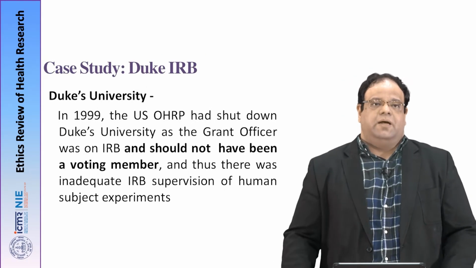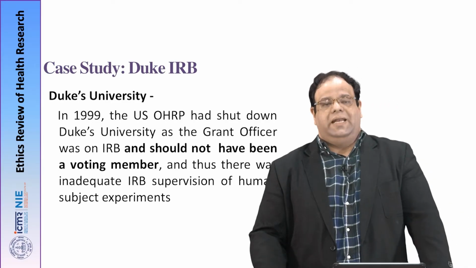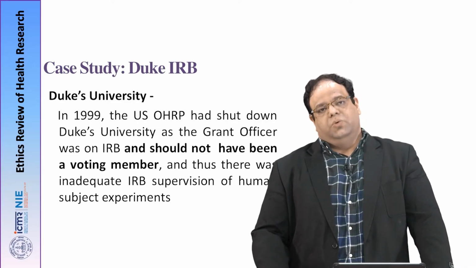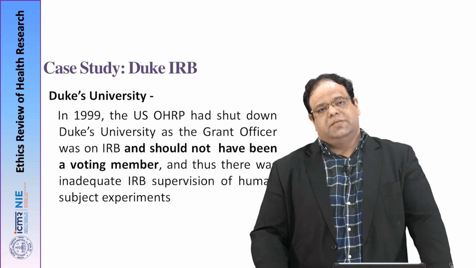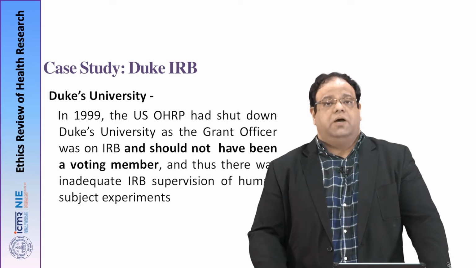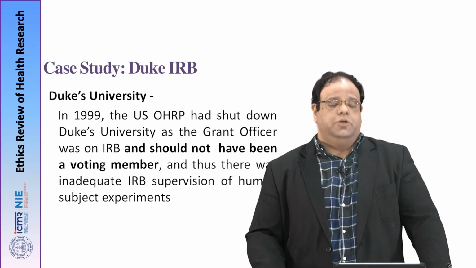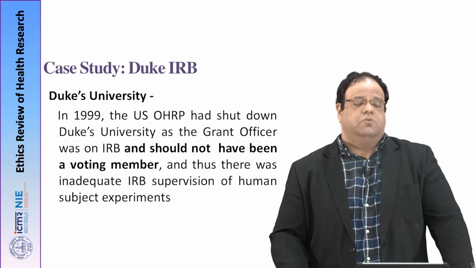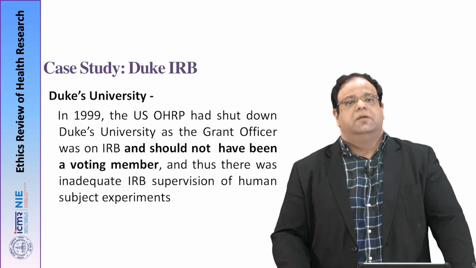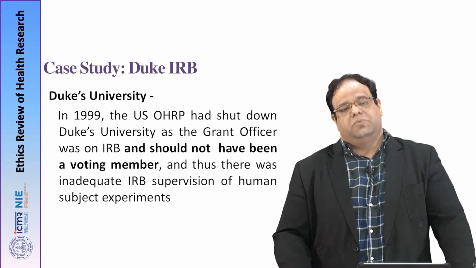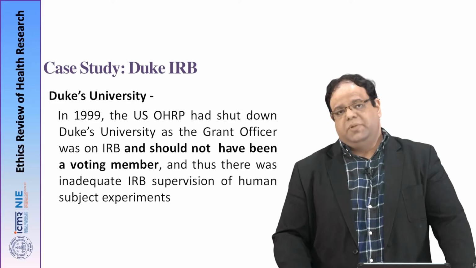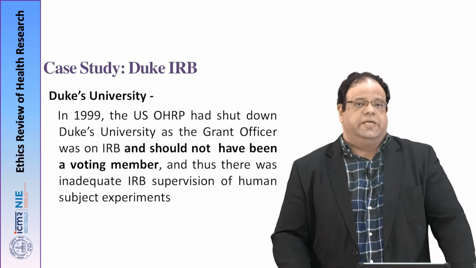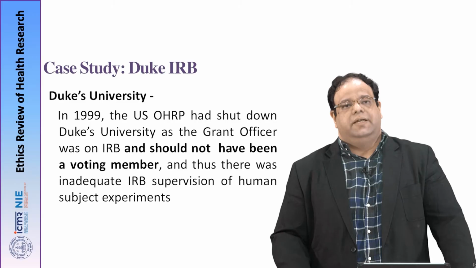Now, let us take an example. In 1999, the US OHRP, the Office for Human Research Protections, shut down Duke University's IRB, because the grant officer, who is the person responsible for administering and processing grants, was also a member of the Institutional Review Board, which is the equivalent of the IC in India.